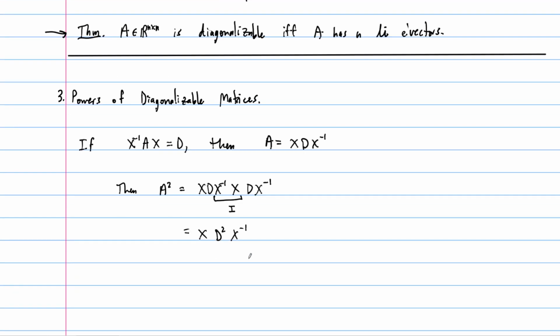But D is diagonal. So look what happens here. Since D is diagonal, then D squared is actually equal to just the diagonal matrix whose diagonal entries get squared.